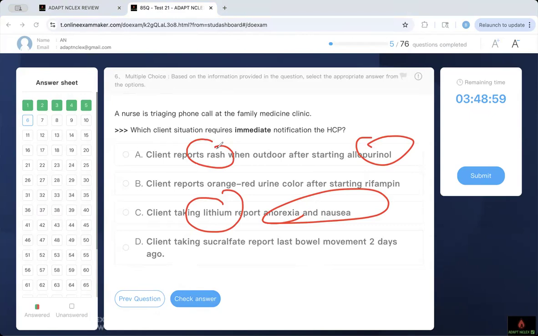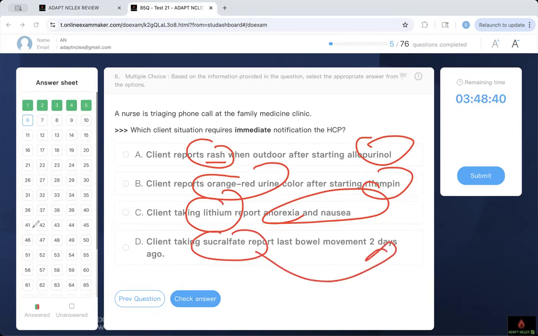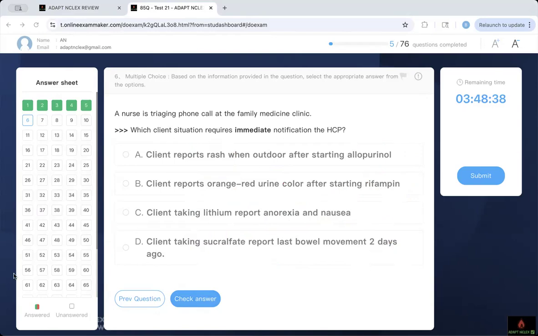But if you have a small purple rash on your chest without going outside, that's Stevens-Johnson. So this is just photosensitivity. If you take rifampin, all secretions turn orange-red in color. And sucralfate is a cement. It causes constipation. So no bowel movement for 2 days, expected finding. Therefore, lithium is the problem.